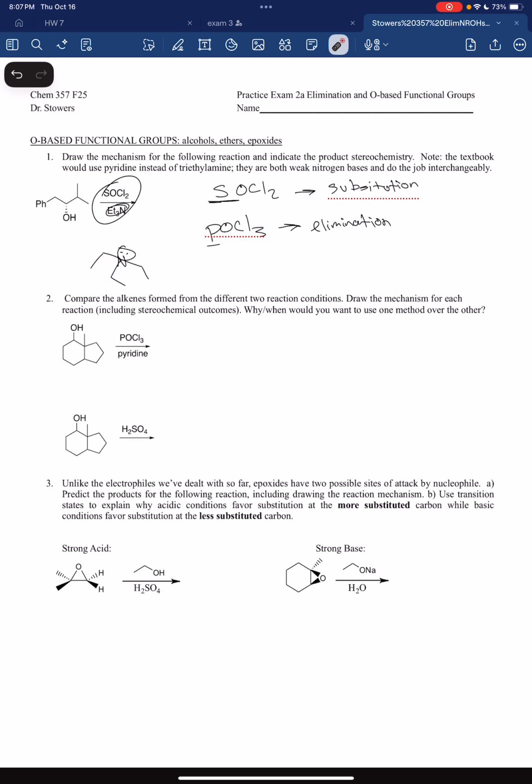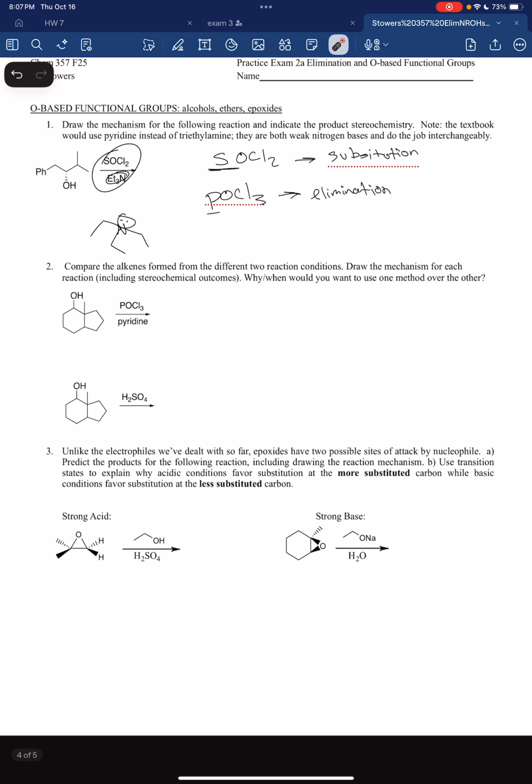I believe she also talked about this. And I think this has to do with stereochemistry or regioselectivity. This does. So when you're doing that, just think about that, I guess.